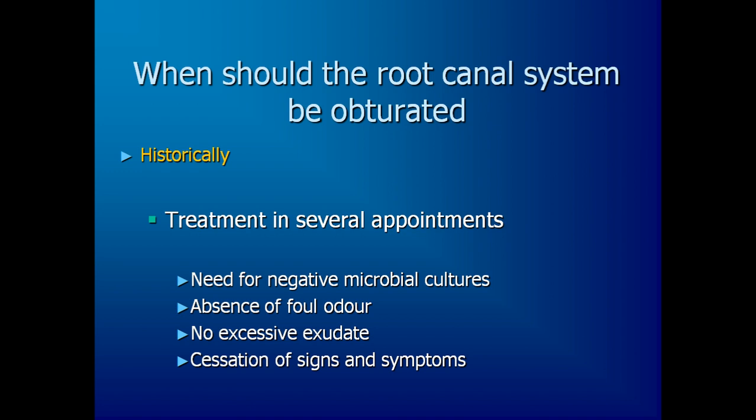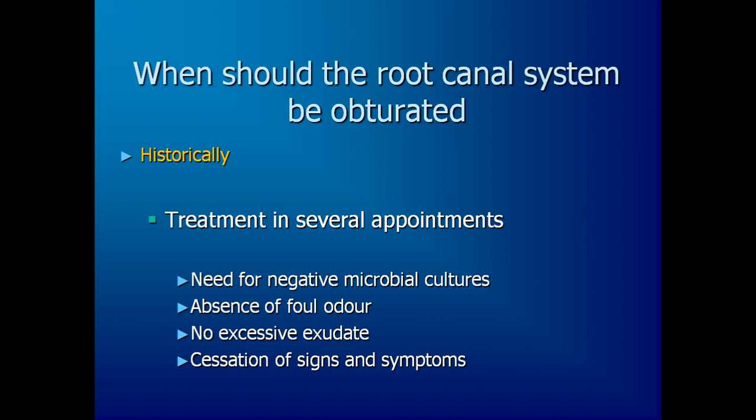So what was the problem? How did they assess that this was the right time for obturation? The main criterion used then was the negative microbial culture. That is, after the second appointment, after the shaping and cleaning, a culture was taken. A swab was taken from the root canal and sent for culture. As you all know, for the culture to give a result, we should wait at least a week to let the microorganisms grow.